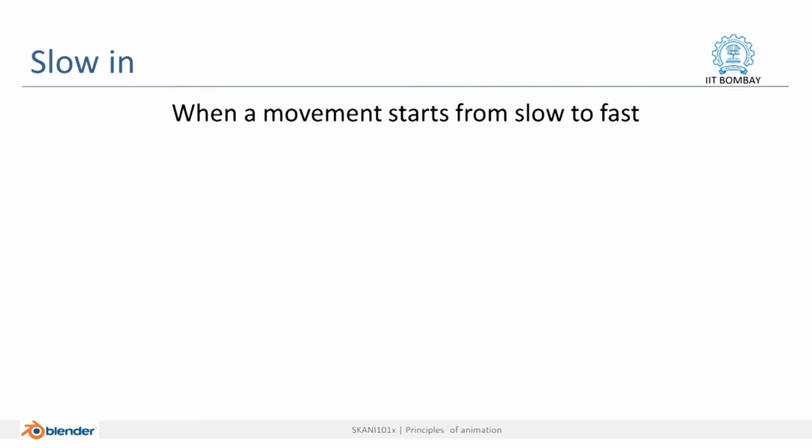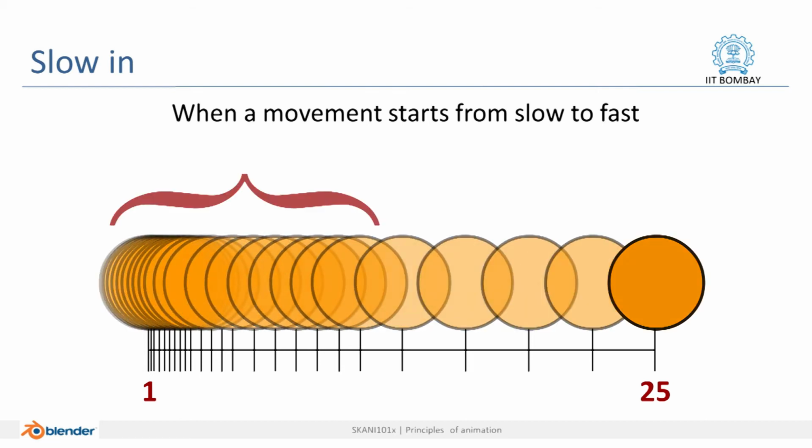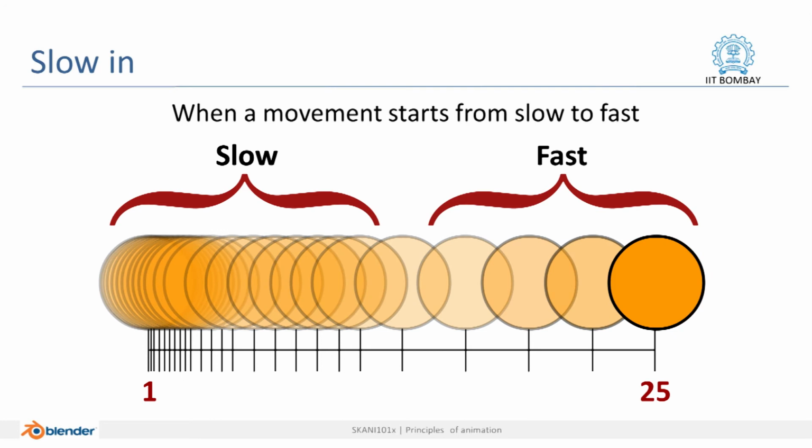Another way is slow in or ease in. For this, the timing is again the same, that is 1 second or 25 frames. I am placing the in-between frames in such a way that in the beginning the distance between the frames is reduced. Therefore, I get slow movement. In the end, the distance between the frames is increasing, so I get fast movement.